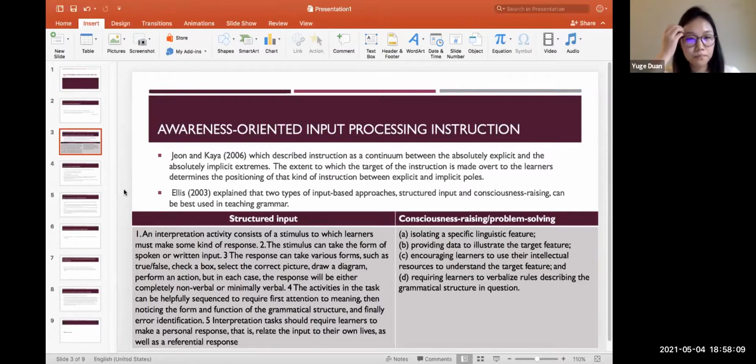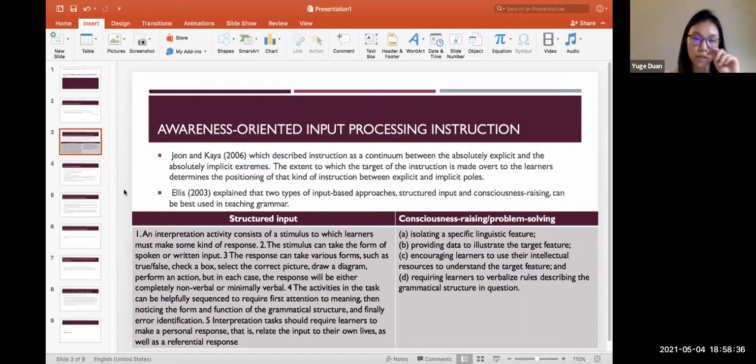This is an instruction which is designed as a continuum between the absolute explicit and the absolute implicit extremes, because some researchers realized that we should not just follow one approach.